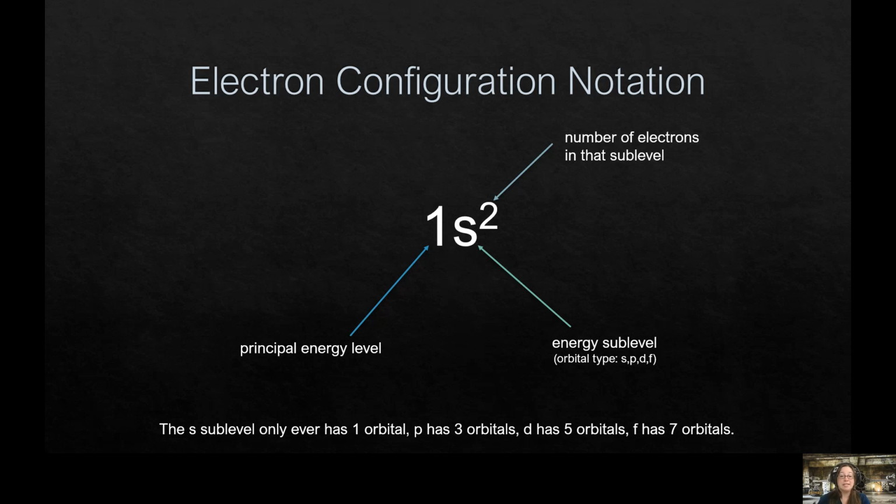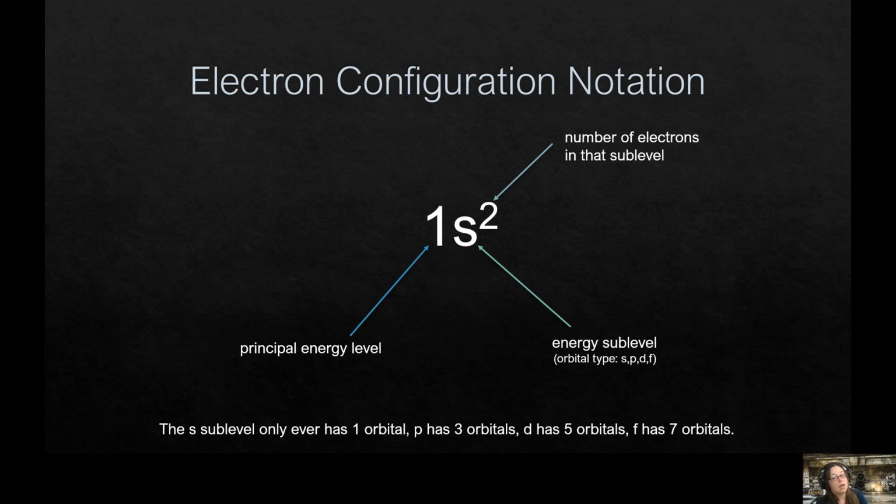And then the number of electrons in that sublevel is represented by a superscript 2, or you could say an exponent. So the s orbital can only ever hold 2 electrons. And the sublevel only has the 1 orbital, which is why you hear me say s orbital a lot instead of s sublevel, because they're the same thing.